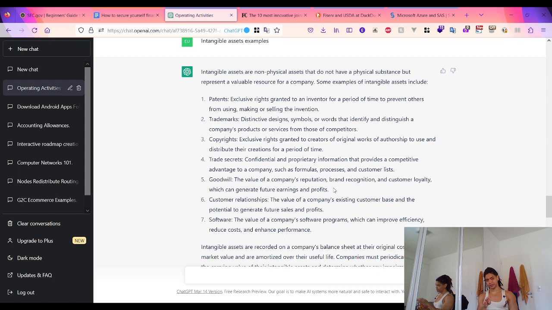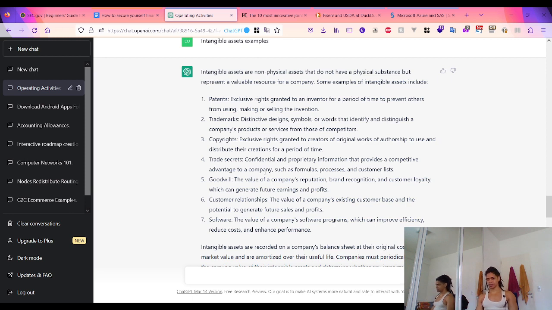Copyright, trade secrets, goodwill, which is the company's reputation, brand recognition, and customer loyalty, customer relationships, and software. This is part of the intangible assets.